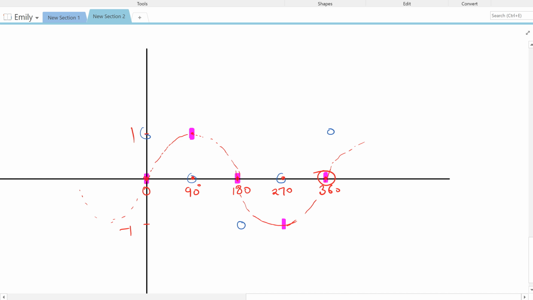Cosine 0 is 1. Cosine 90 is 0. And 180 is going to be -1. 270 is 0. And 360 is 1.